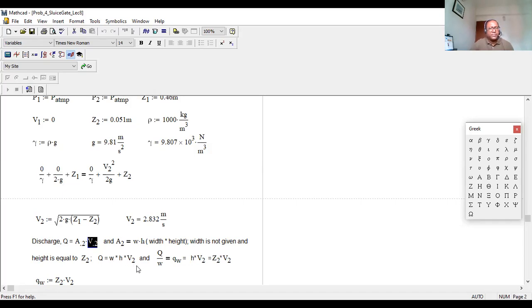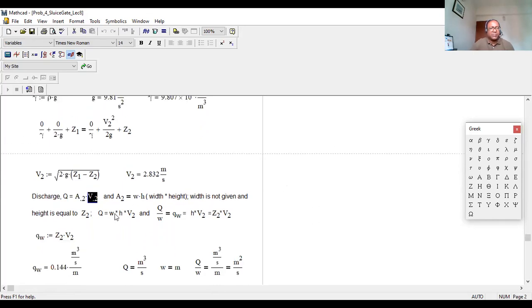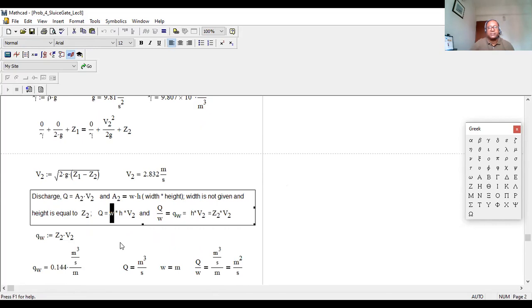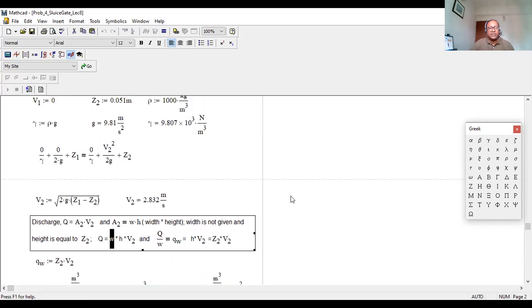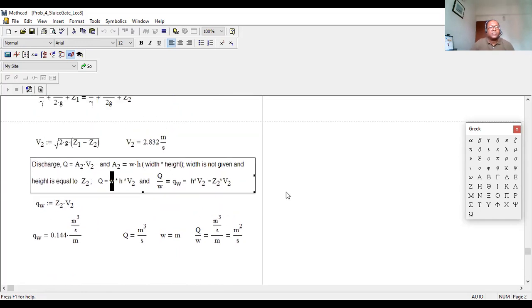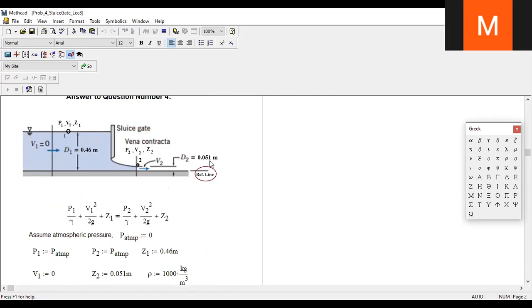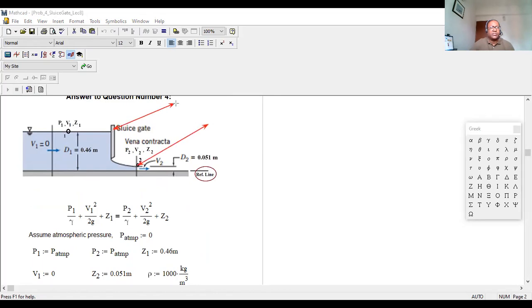Now you see the width W is not given, but H is given. H is the height of the gate right over here, 0.051. This is the height. But along this direction, the width of the gate, we don't know how much it is.